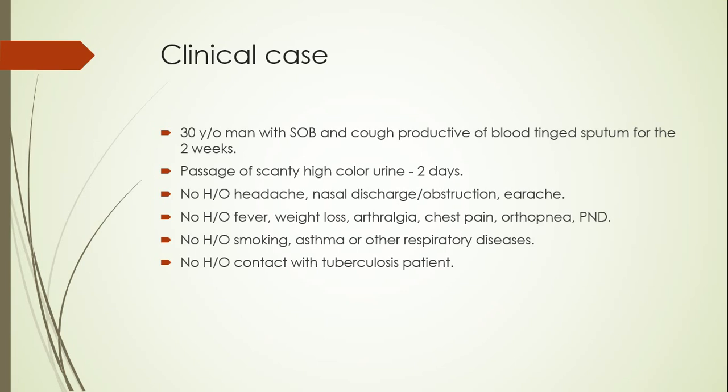Excluding asthma or taking history of asthma is important in establishing a diagnosis of Churg-Strauss syndrome because in this disease there is commonly a concomitant asthma attack. And there is no history of contact with tuberculosis patient. Obviously, this history is important, but sometimes some of the patients do not give the history but still get tuberculosis.